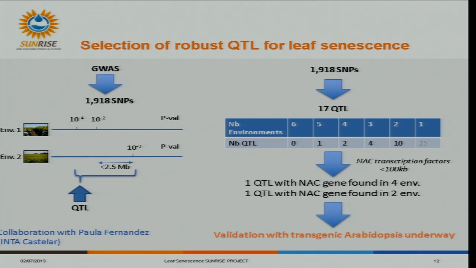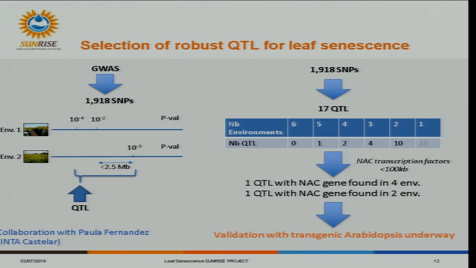In collaboration with Paola Fernandez and Sebastian Motion at INTA Castelar, long-time specialists of leaf senescence, they had already identified a lot of candidate genes among the NAC transcription factor family.